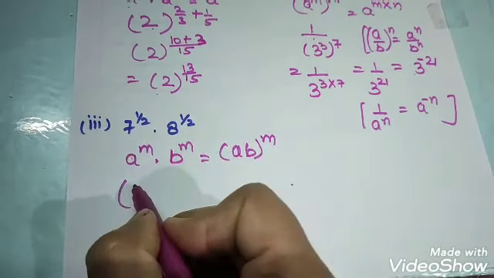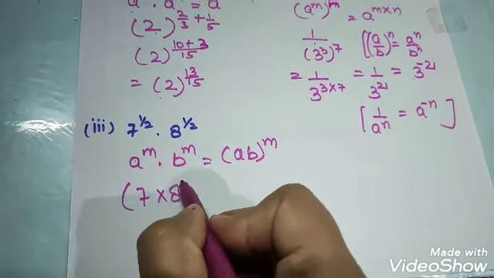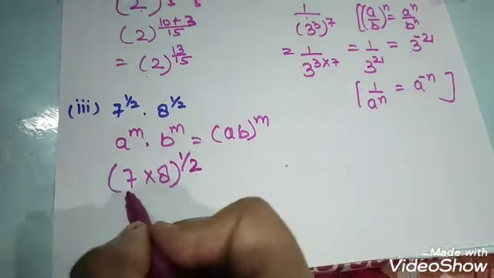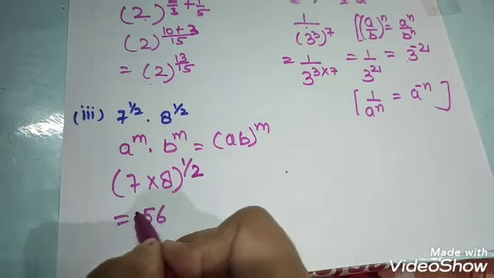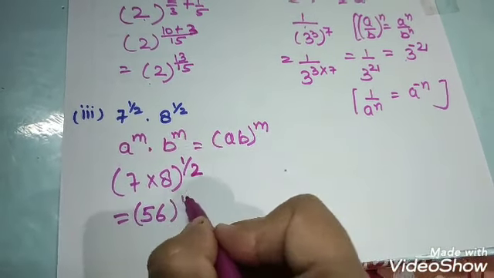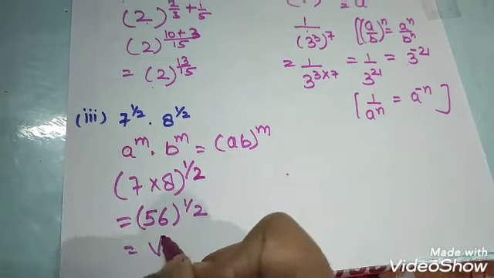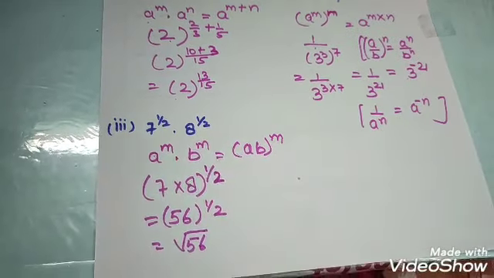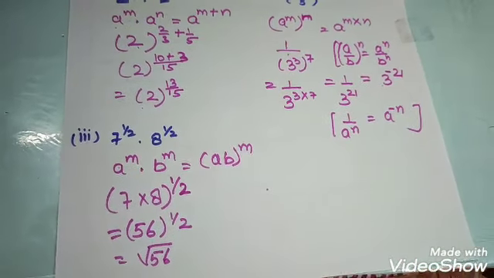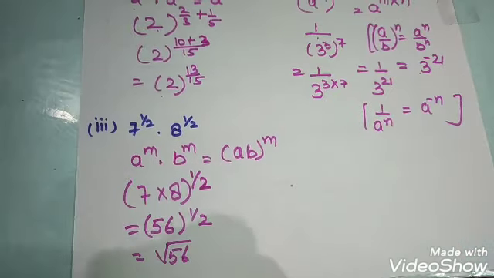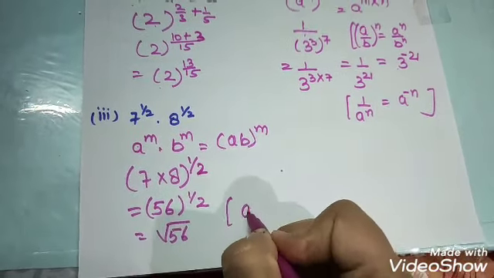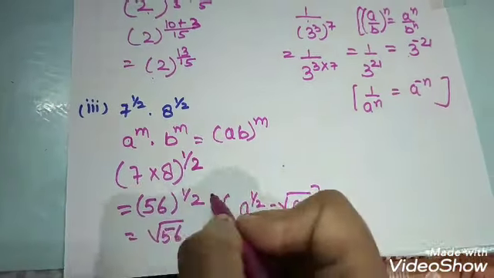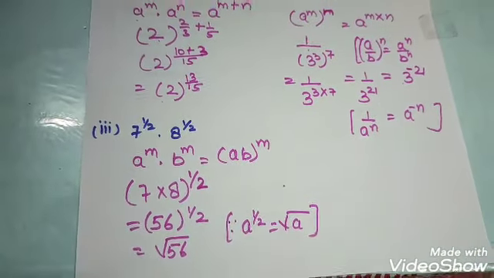So in a similar way 7 will get multiplied with 8 and the power will be the common power 1 by 2, and it will become 56 to the whole power 1 by 2. And also you can write it like this if you want. Are you getting it? Because we know a to the power 1 by 2 means square root of a.